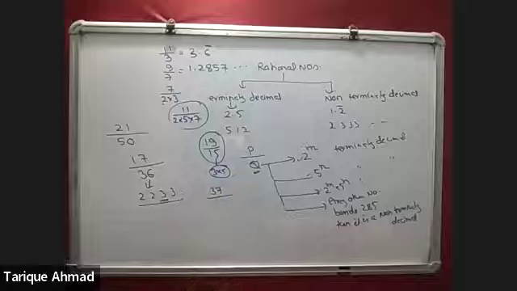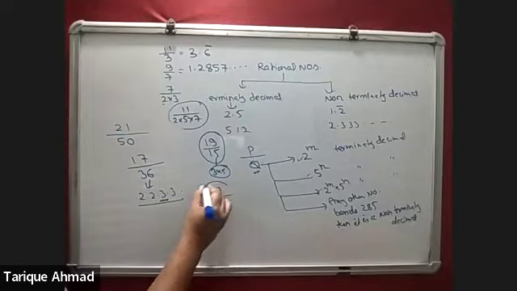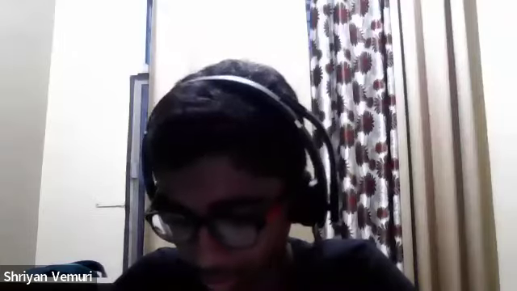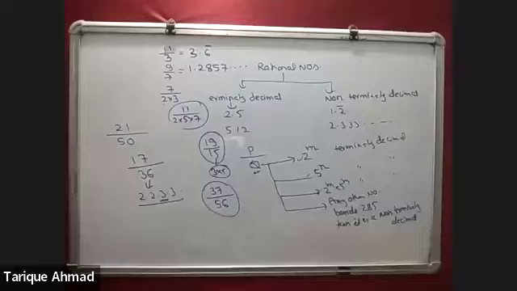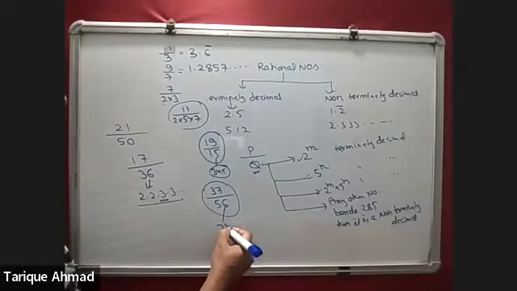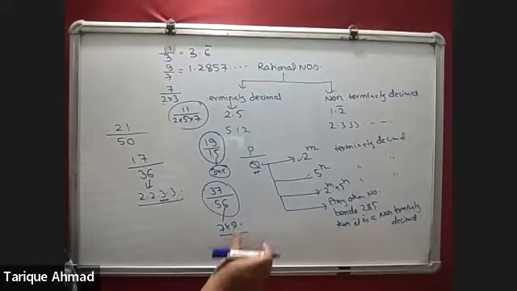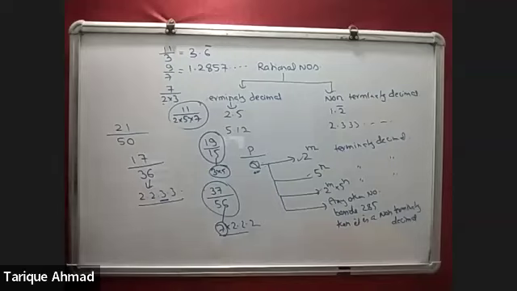37 by 56. 56 can be written as 7 into 8. 8 can be 2 into 2 into 2. So 7 is there, so it is again non-terminating.